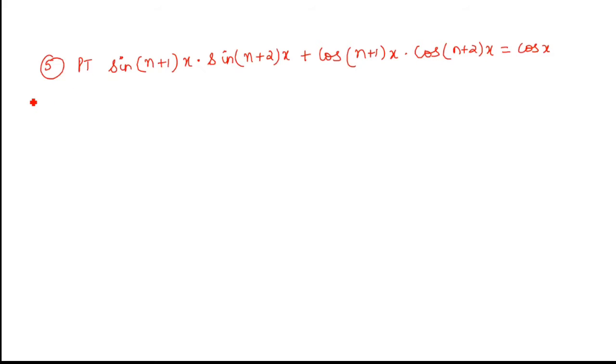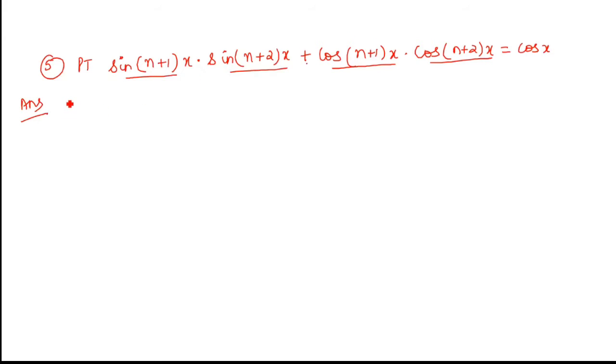So the left hand side is of the form... I can see here, whenever it is x plus y or y plus x, it means the same. So I can read from here cos x cos y plus sin x sin y.